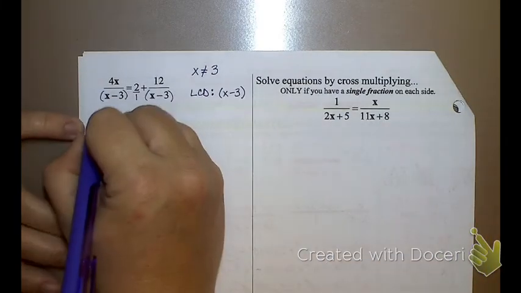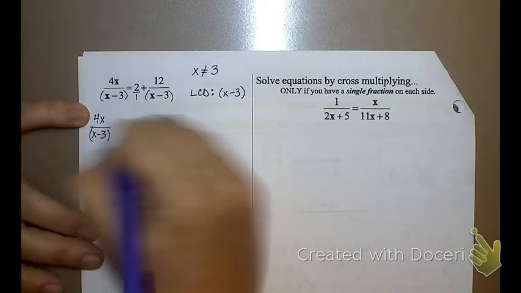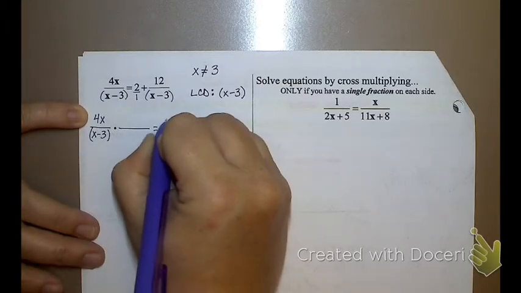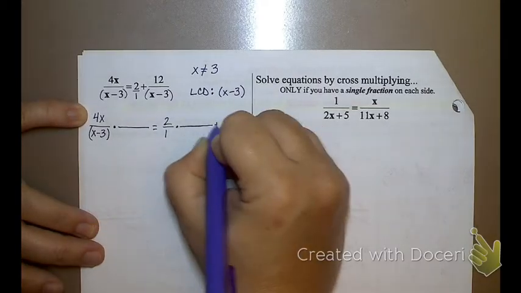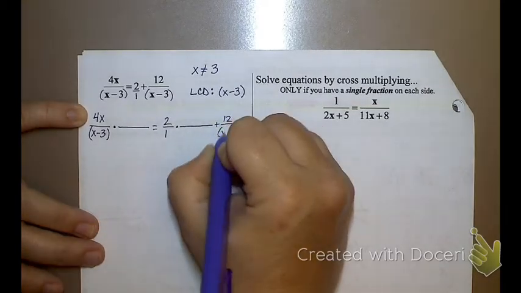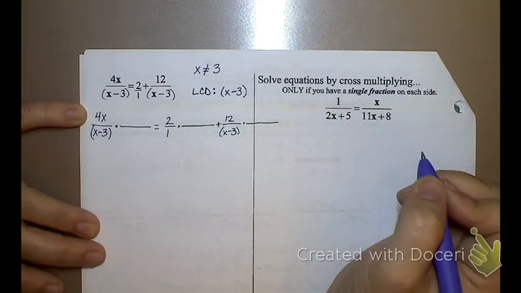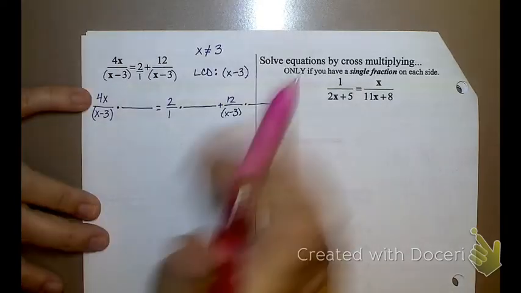So what am I going to do? I'm going to take the original problem, and I'm going to multiply by something each term: 4x over x minus 3 equals 2 over 1 multiply by something plus 12 over x minus 3 multiply by something. What am I multiplying each of those by?